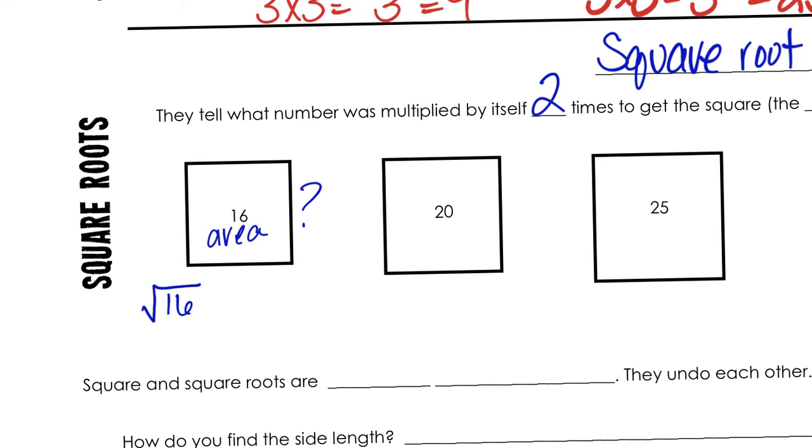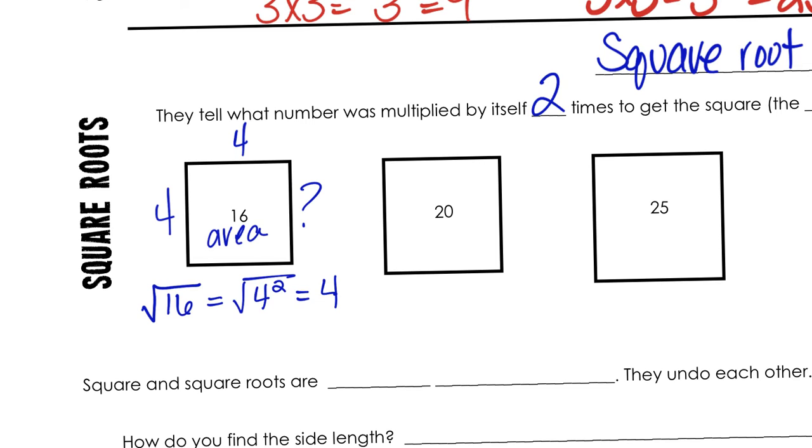So the square root of 16 is 4. So now I'm going to use that to my advantage. I know that essentially I'm taking 4 squared, which is 16. And all I need from that is the base, which is 4. So our side lengths are 4 and 4.